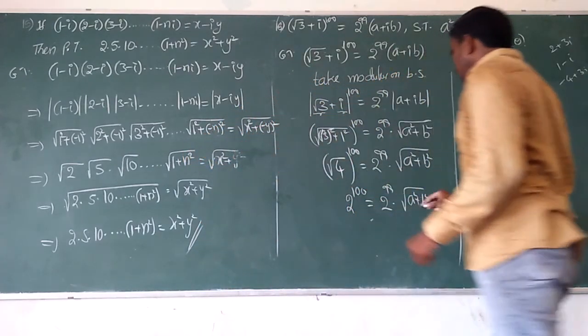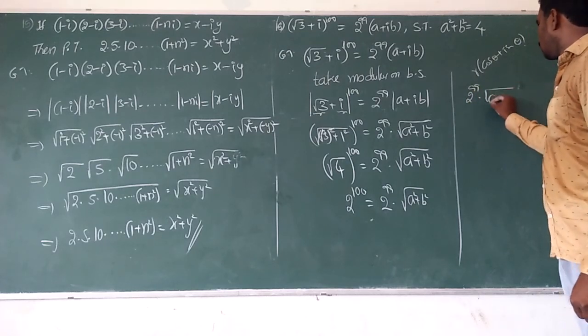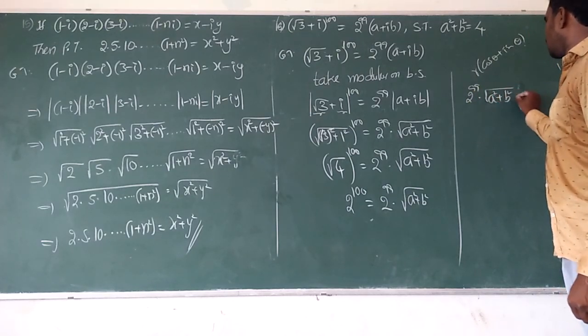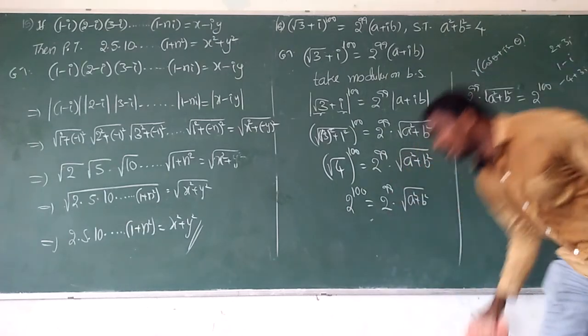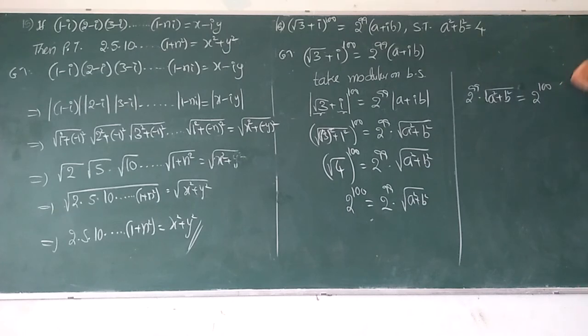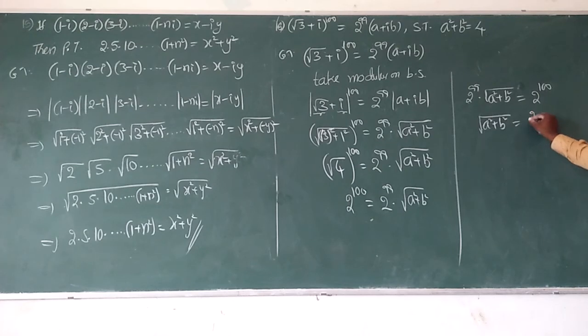So we want a square plus b square. So 2 power 99 into root of a square plus b square is equal to 2 power 100. I just wrote the left hand term on the right hand side and the right hand term on the left hand side. No problem. 2 power 99 the same on the right side. So root of a square plus b square is equal to 2 power 100 by 2 power 99.